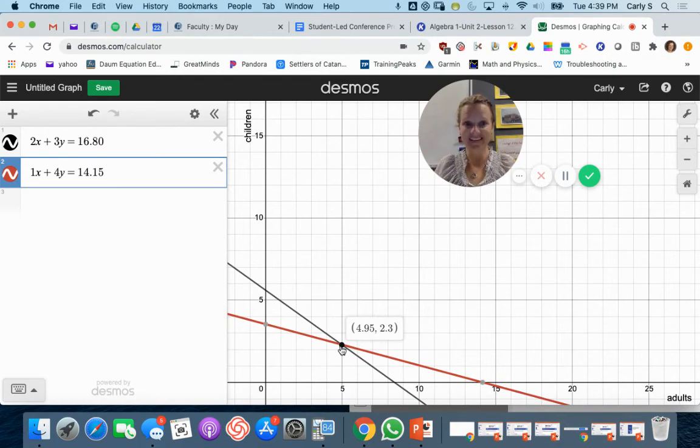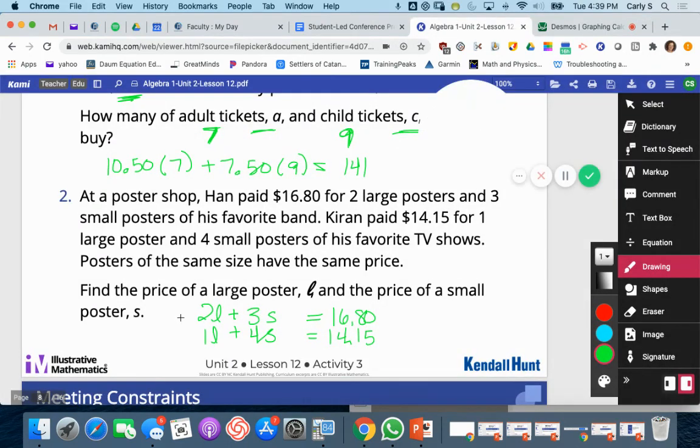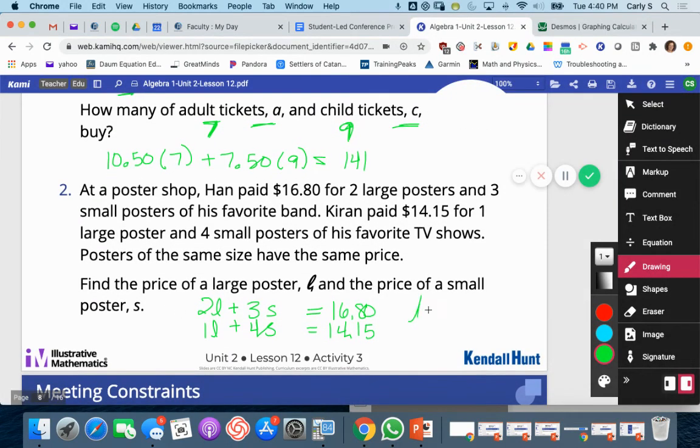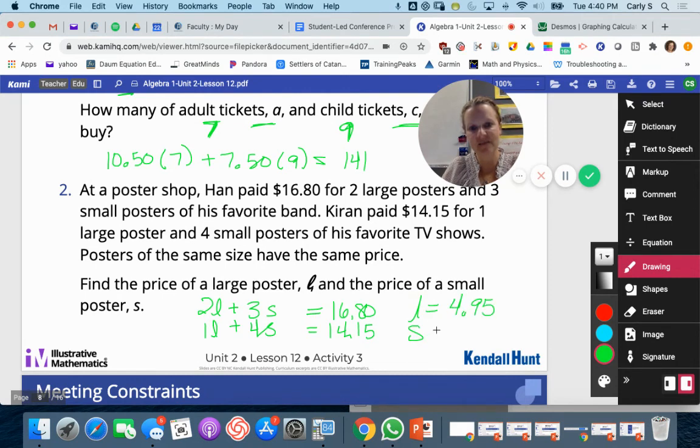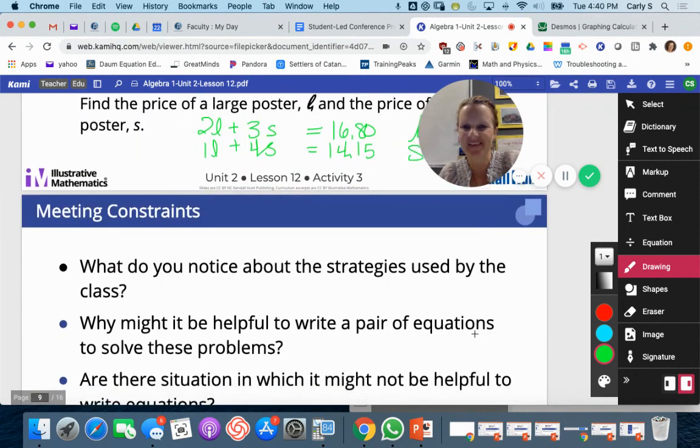Oh, it's money. Sorry. So it's $4.95 for X, which is the large poster, and $2.30 for the small poster, because it's the only ones that work. So large is $4.95, and small is $2.30. Okay, good job.